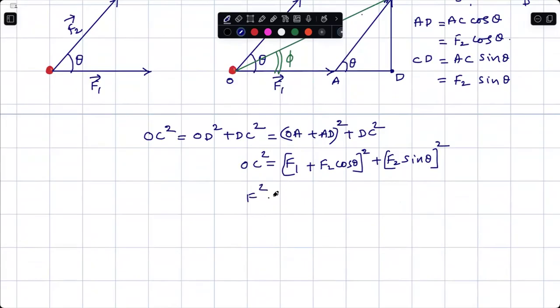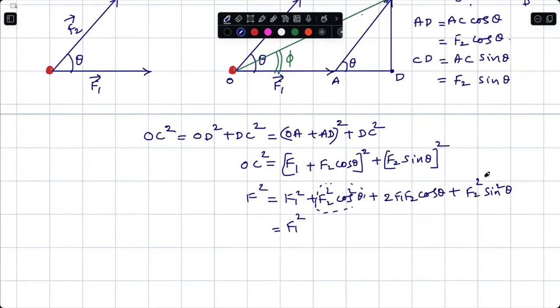OC square is nothing but F square. F1 square plus F2 square cos square theta plus 2 F1 F2 cos theta plus F2 square sin square theta, which is nothing but F1 square plus, please try to understand, you have F2 square cos square theta plus F2 square sin square theta, the sum of which gives you F2 square, because sin square theta plus cos square theta is equal to 1.